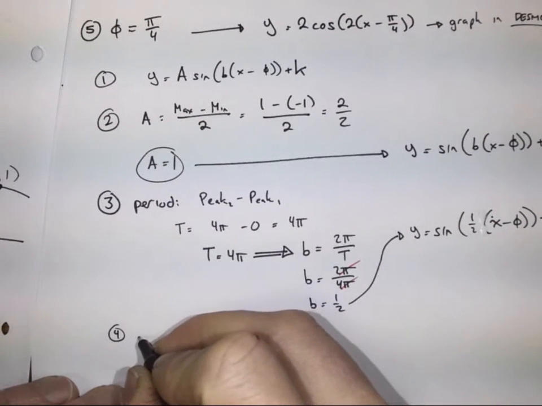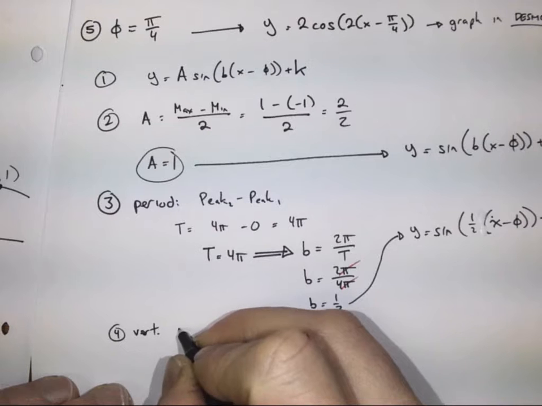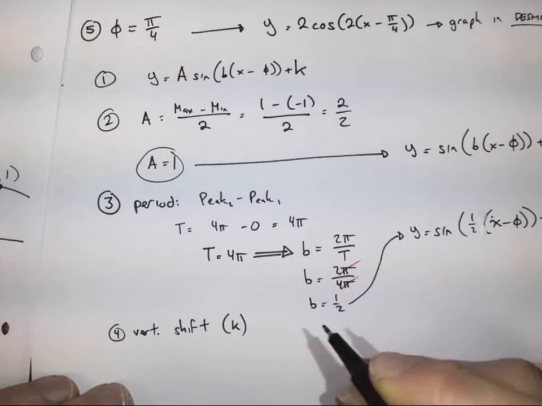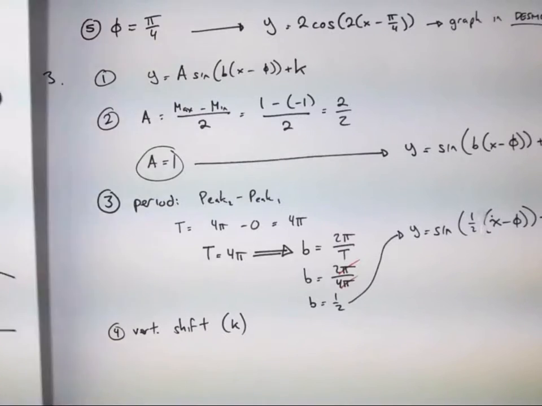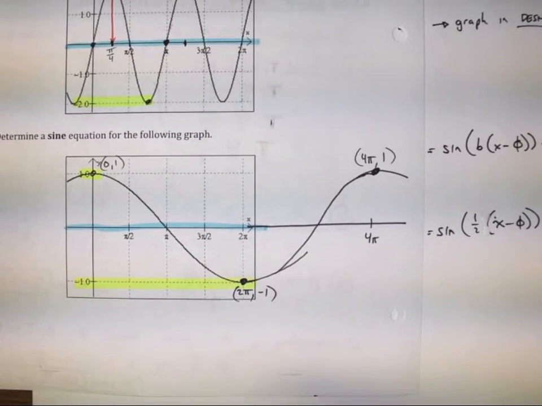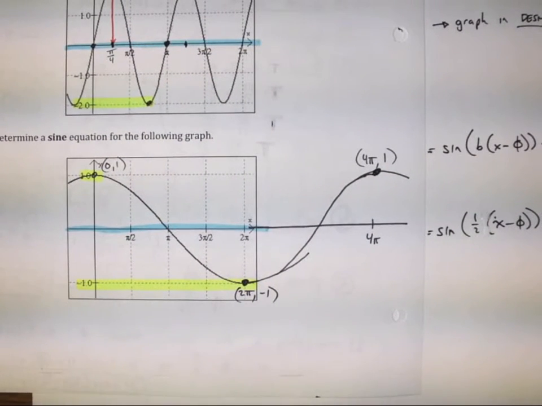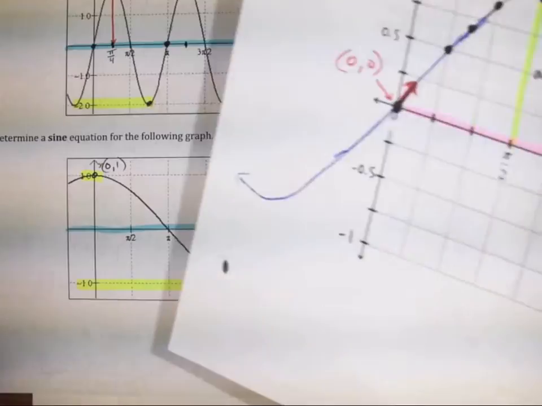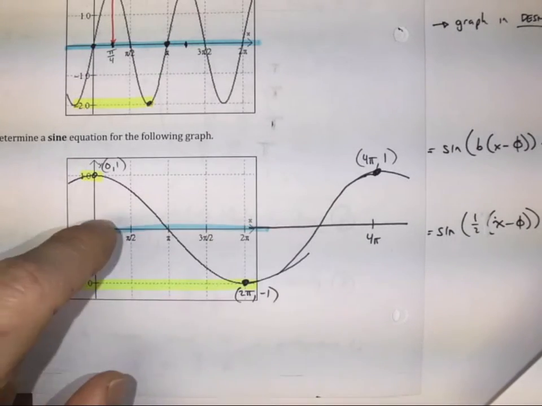Next, we're going to find our vertical shift, which is k. And I look back at the curve, and of course, I'm comparing this to a regular sine function. It looks like the midline of a sine function is along the x-axis, and the midline of this graph is also on the x-axis.